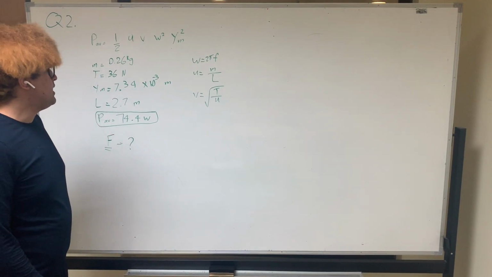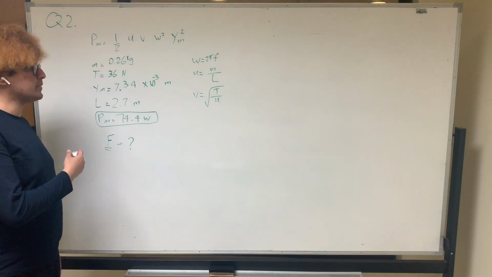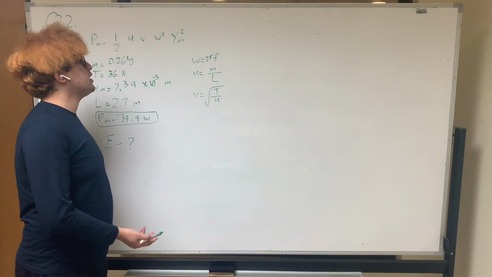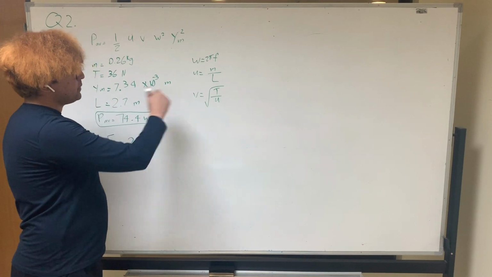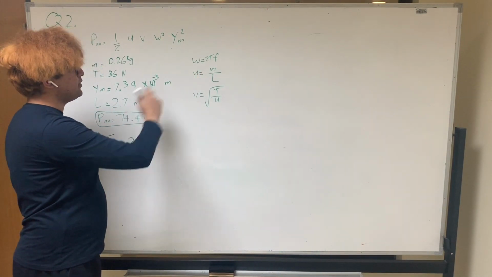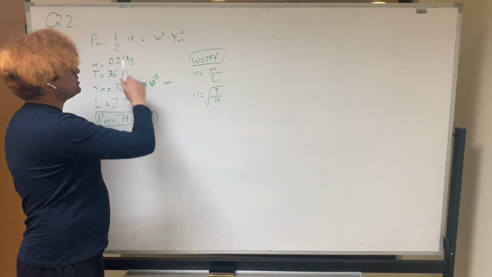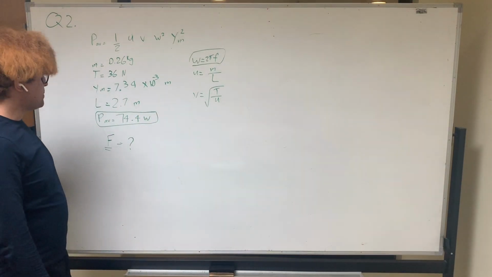We're asked to solve for the frequency that gives us a wave that generates this amount of power. Once we've listed the givens, let's list the equations we're going to use. We know that angular frequency is related to the frequency by this equation, so we list it. And we know mu is m over L, the mass over the length of the rope.